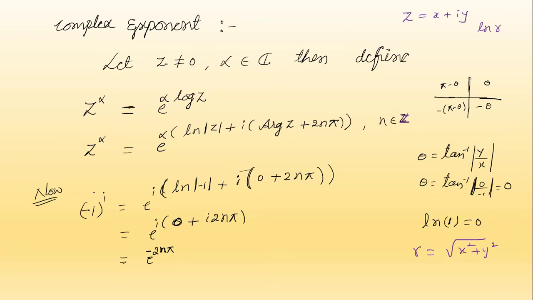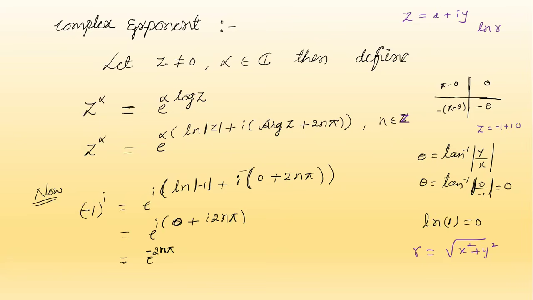Now we want (minus 1) raised to i. Substitute in this formula. Here alpha is i. So i ln of 1 plus i times the argument of z. Minus 1 is z, which is equal to minus 1 plus i times 0.